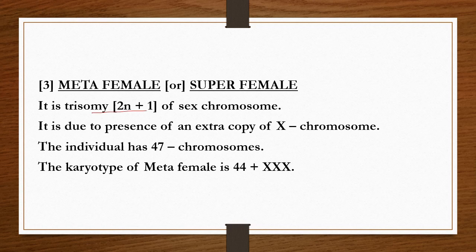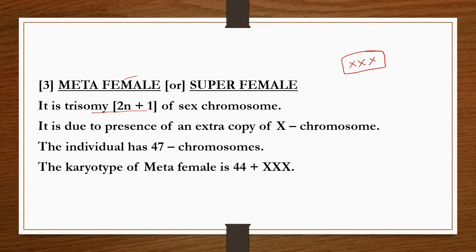We already mentioned that they are females. The normal female has XX. So this trisomy due to addition of one extra X chromosome, we will call the metafemale or super female.